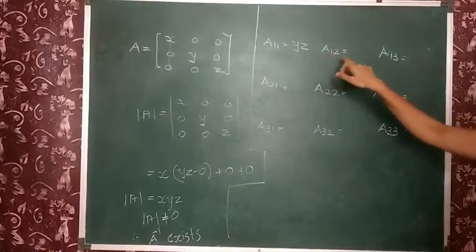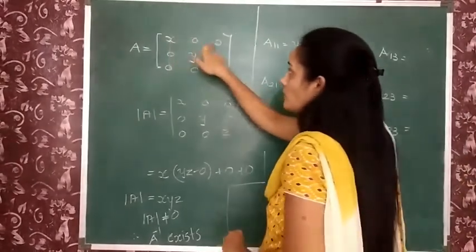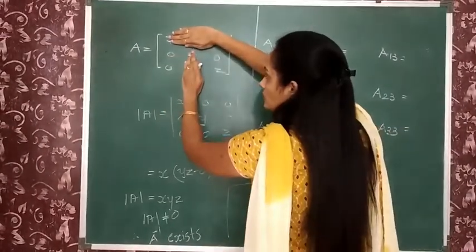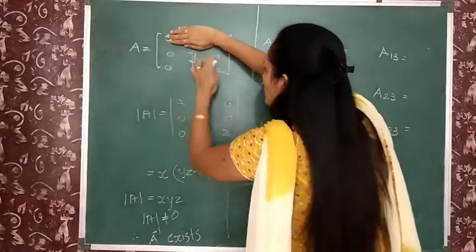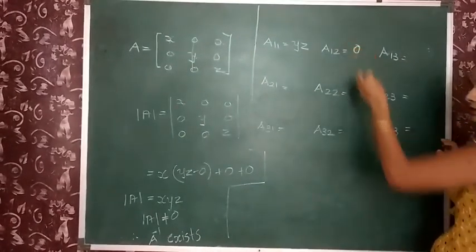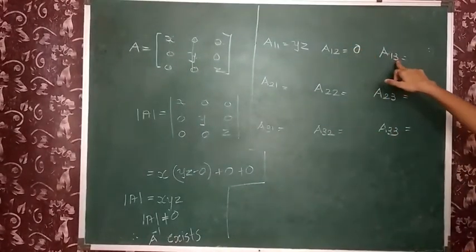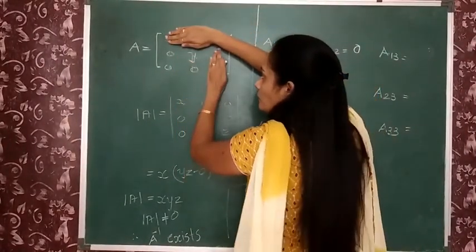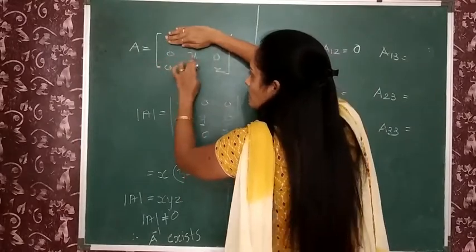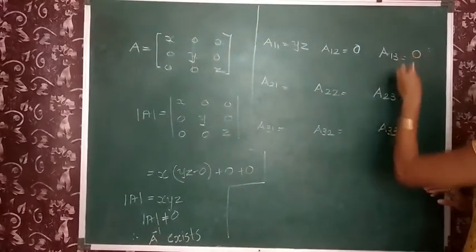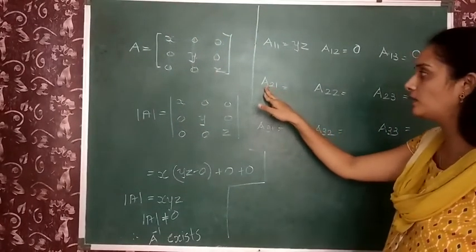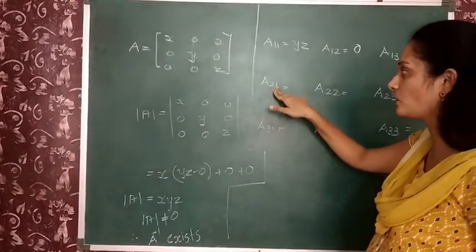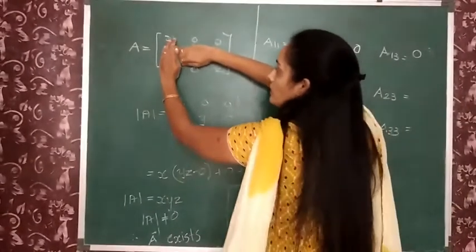Now for A12, we hide the first row and second column. So 0 minus 0, the answer is 0. To find A13, we hide the first row, third column. The answer is 0. To find element A21, we hide the second row and first column.